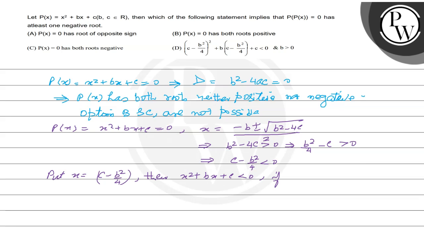I can write directly that (c minus b square over 4) square plus b times (c minus b square over 4) plus c is less than 0 and b is greater than 0.